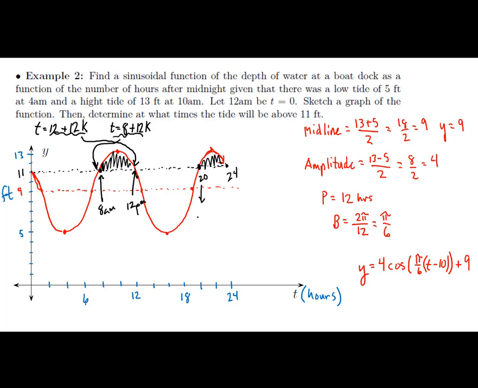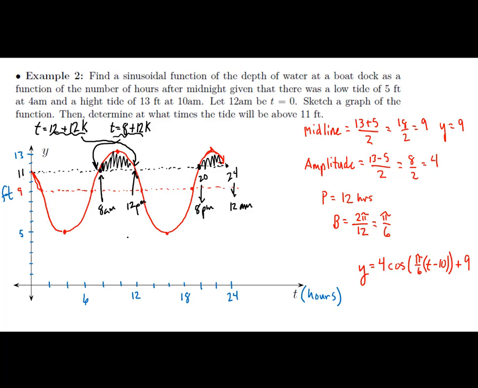Well, this being midnight, we can say this is 12 a.m., so 20 is going to be 8 p.m. So between 8 and 12, both in the AM and the PM, is when we're going to have a tide above 11 feet.